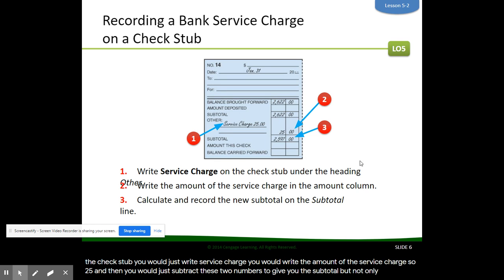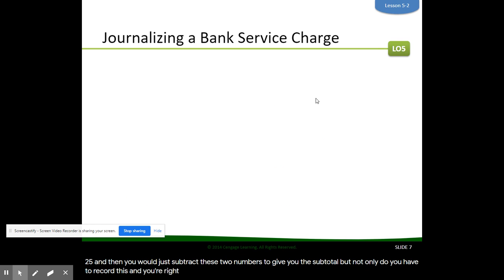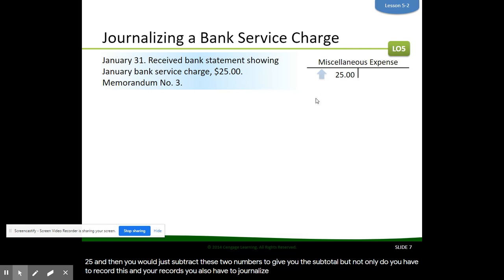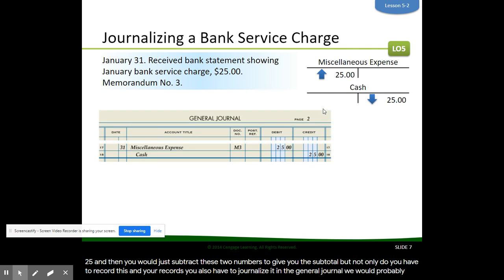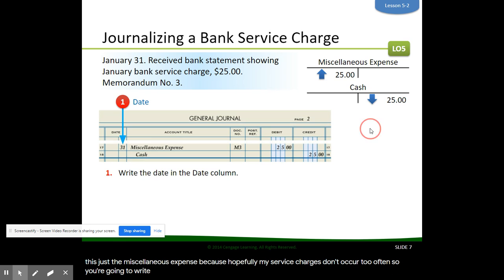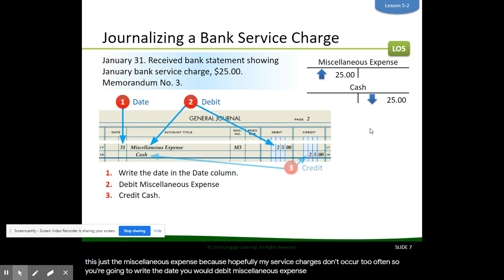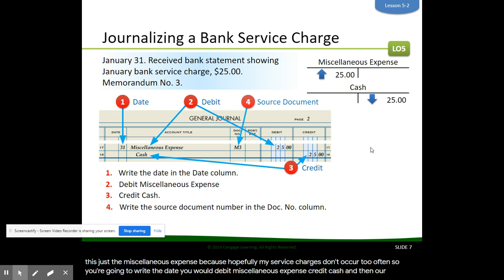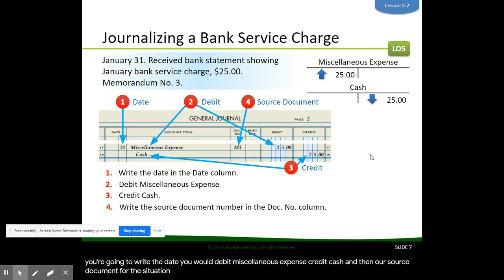But not only do you have to record this in your records, you also have to journalize it in the general journal. We would probably call this just a miscellaneous expense because hopefully bank service charges don't occur too often. So you're going to write the date, you would debit miscellaneous expense, credit cash, and then our source document for this situation would be a memorandum.